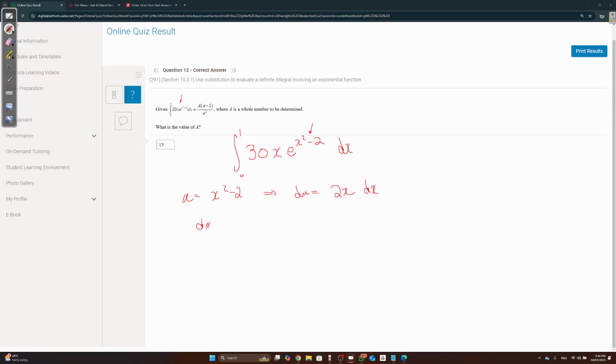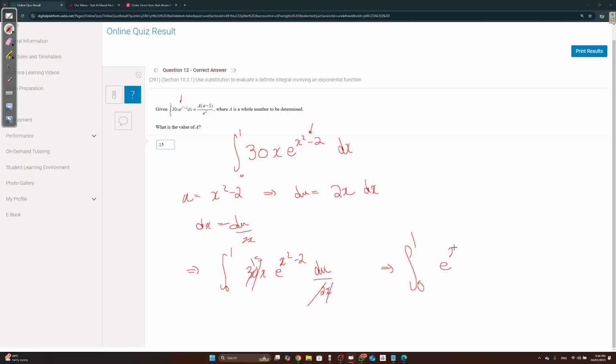Since we want to change it into du, we need to find an expression for dx. It's du over 2x. So therefore, you can write this as integral 0 to 1, 30x e to the power of x squared minus 2 du over 2x. Cancel x with x, 30 with 2 becomes 15, which is almost the same thing.